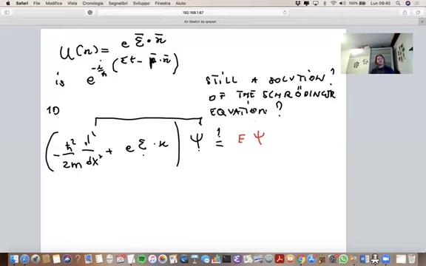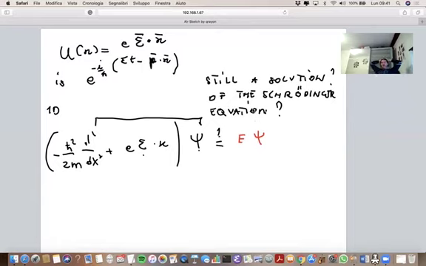And so while we were very quick in finding a solution for the free propagating particle problem in terms of plane waves, actually we didn't have to find a solution. We constructed the Schrodinger equation such that the plane wave was a solution. But in general, given the free Schrodinger equation, you can use the plane wave and check that it is the solution.